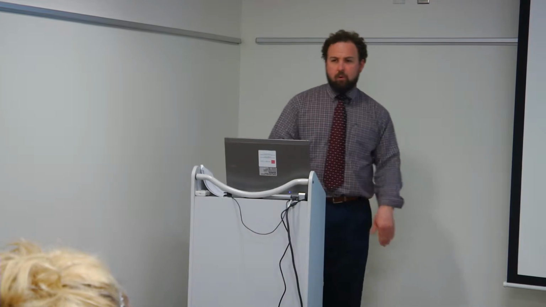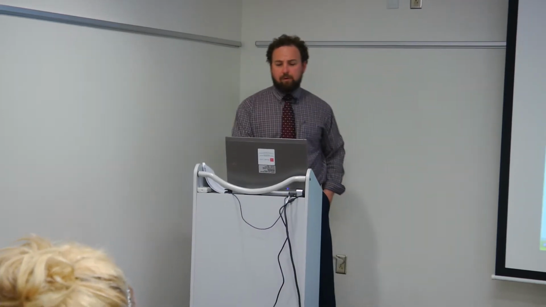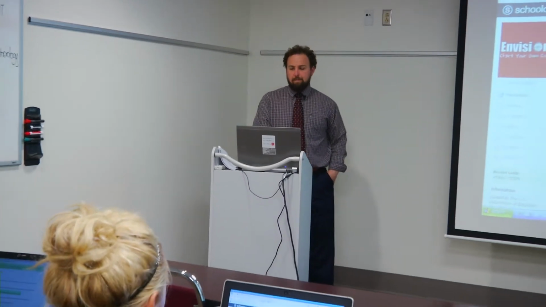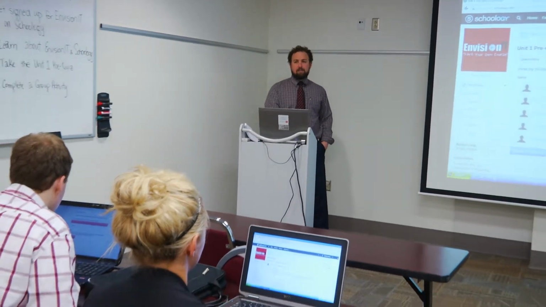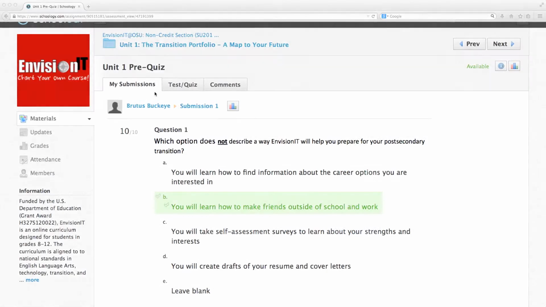And then at the end of the quiz, after you answer the 10th question, it'll ask you to submit. You can submit the quiz, and what's great is you can see immediate feedback of the questions that you got right versus wrong.